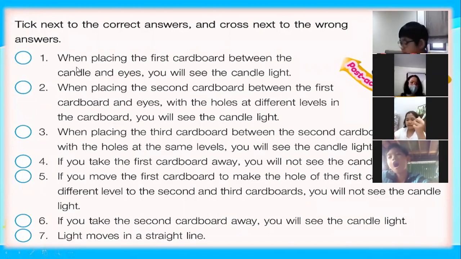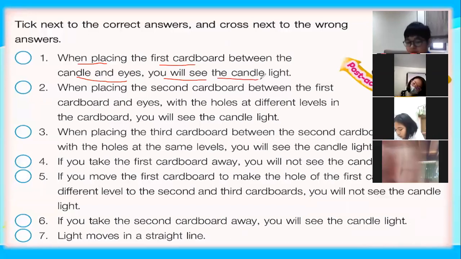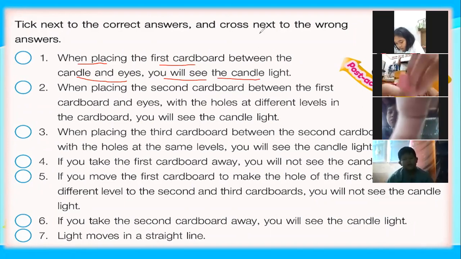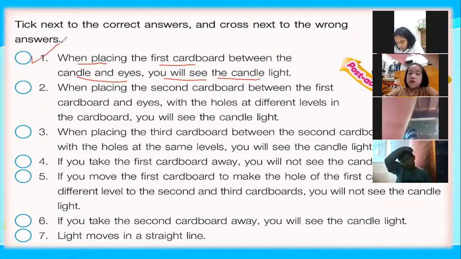The first statement: when placing the first cardboard between the candle and the eye, you will see the candle. Is it correct or not? Yes. Exactly. That is the correct answer.